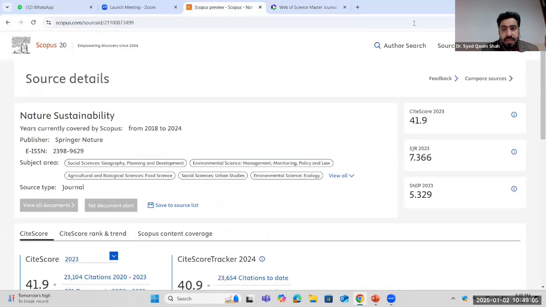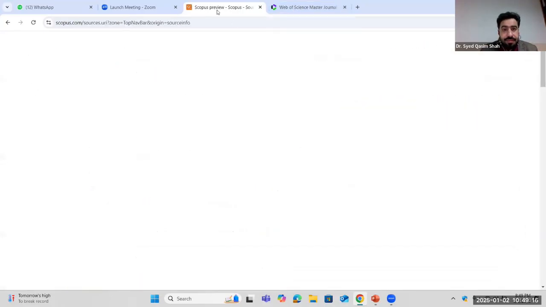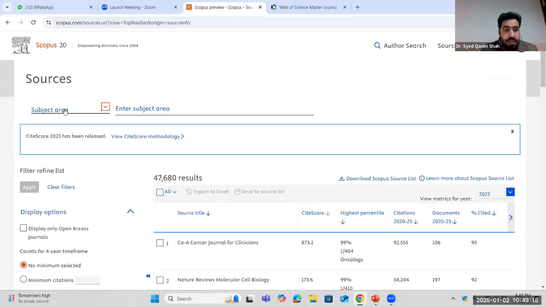Similarly, on Scopus, we can go to sources. I can check any other journal. Okay, we can use the title, so now I can write any title of the article.